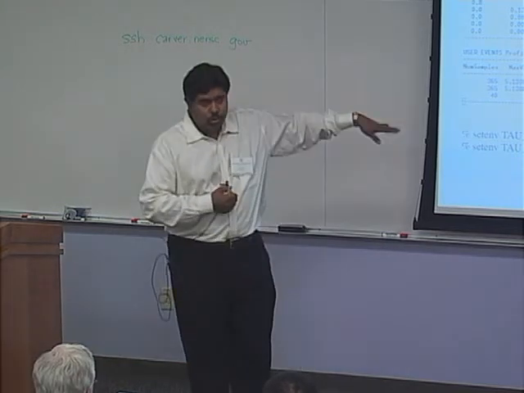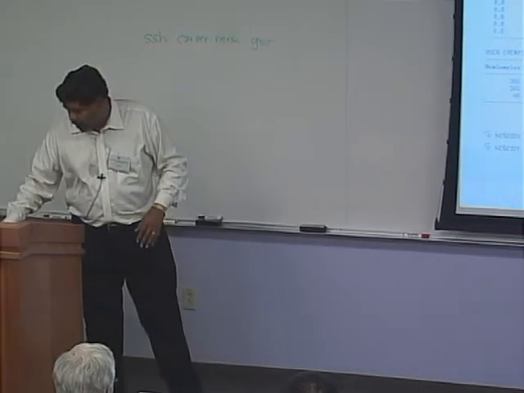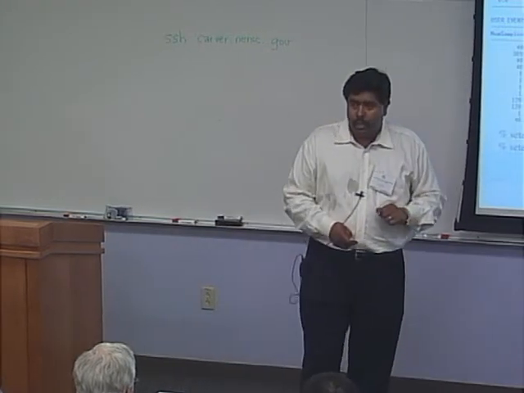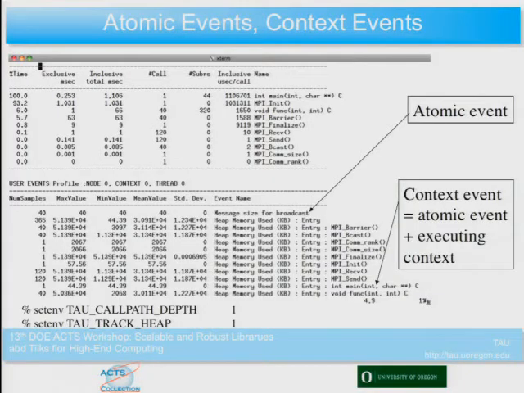The heap memory used went from here to there, and that is what we have with a concept called context events. Here I can now say the heap memory used at the entry of all functions, but at the entry of MPI barrier, the variation was from this 3097 kilobytes to 51 megabytes.